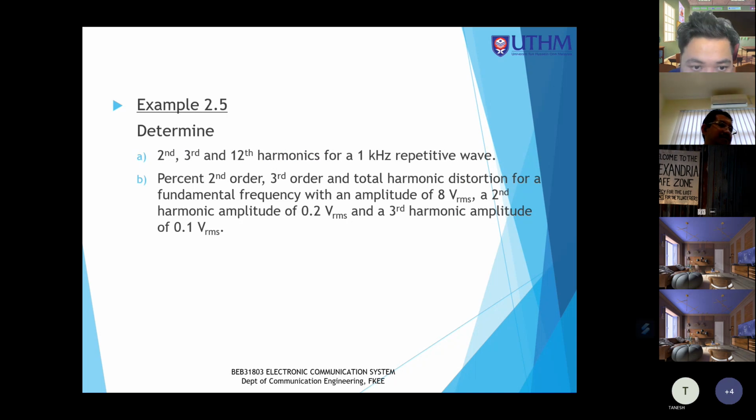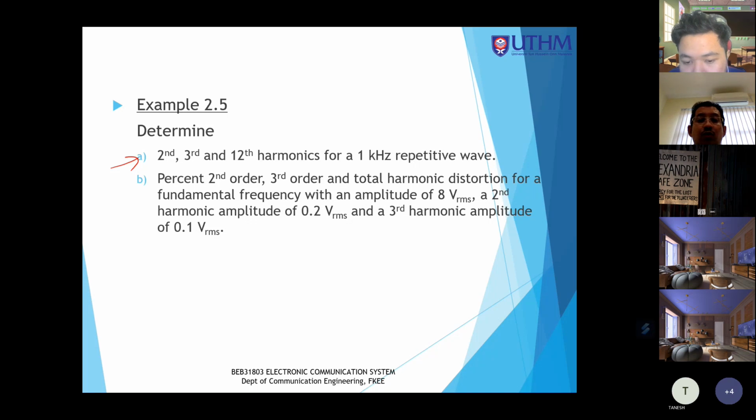Kita akan lihat example ini. So example 2.5, determine the second, third, and 12th harmonics of a 1 kHz repetitive wave. So ini soalan yang pertama hanya menentukan apakah harmonics. Di manakah lokasi harmonik tersebut?